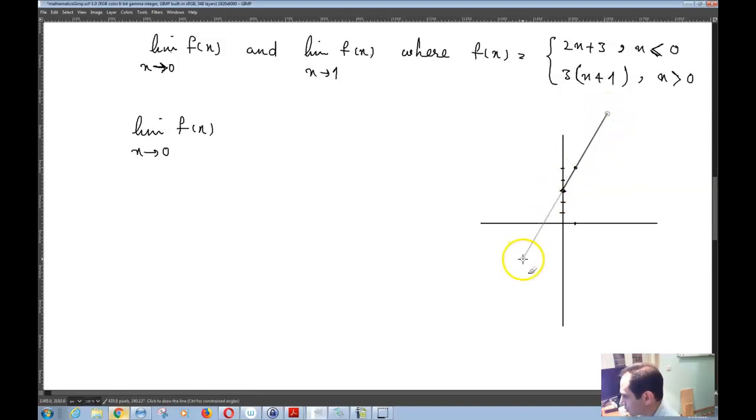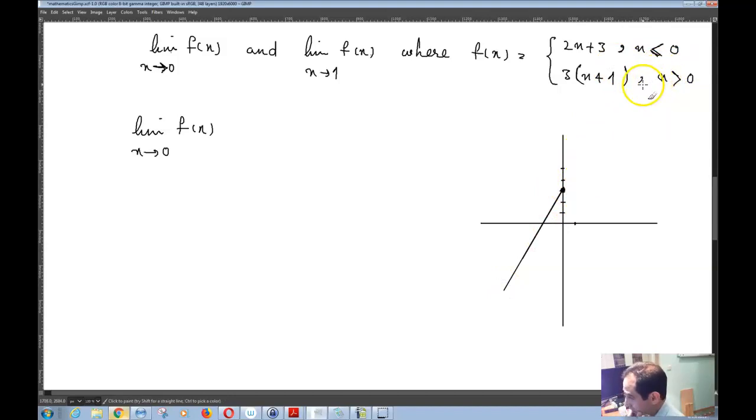It would be something like this, and this is for x less than or equal to 0. That means that x equal to 0 is defined for the function, while this part of the function is not defined for x greater than 0.